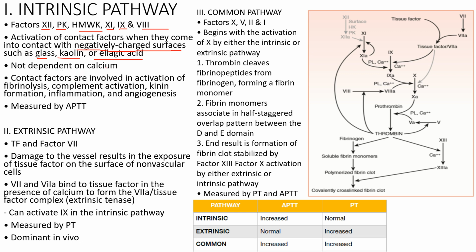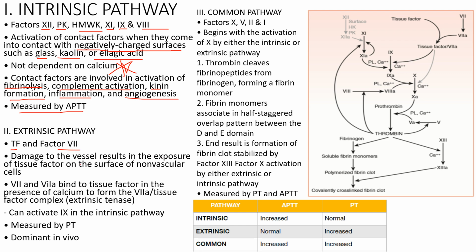This is not dependent on calcium, so they do not need factor 4 for this pathway to work. Contact factors are involved in activation of fibrinolysis, complement activation, kinin formation, inflammation, and angiogenesis, measured by APTT.